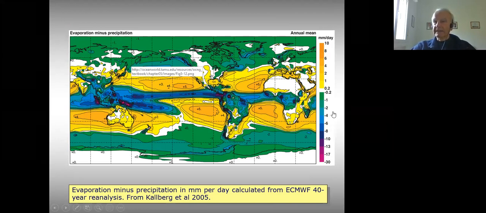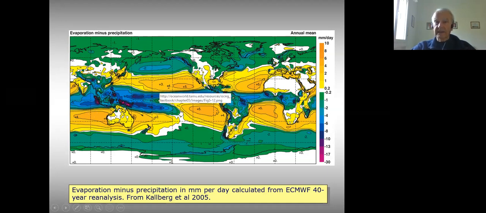And here you can see that, mainly in the first approximation, the distribution of evaporation minus precipitation is such that it's negative in a belt near the equator, but there are also areas where it deviates from this.